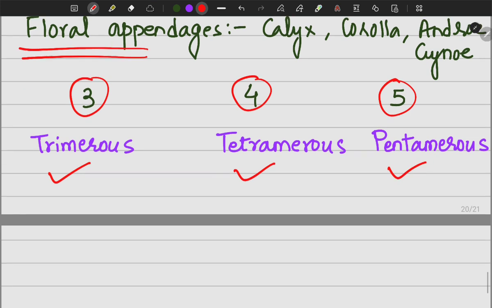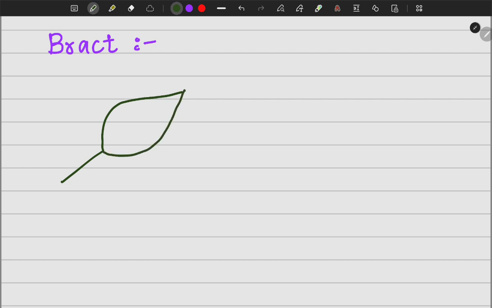Alright, then there's one more term which is called a bract. What is a bract? So if you remember in the structure of the leaf, we studied about stipules. What were the stipules? Stipules were short leaf-like structures like this.